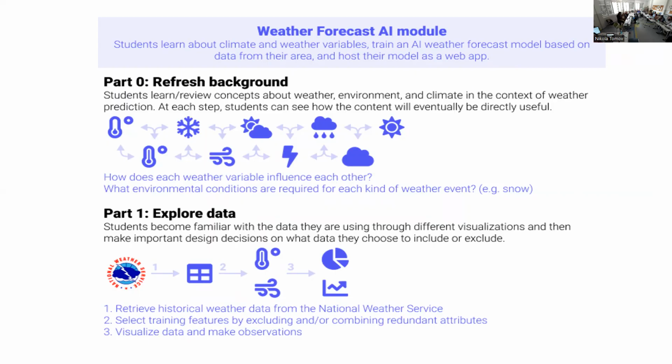They learn concepts about the climate, the environment. At each step, they can see how the content they learn will eventually be useful. And then they explore. They get familiar with using different visualizations, for example, to make decisions on what to include or what to exclude.